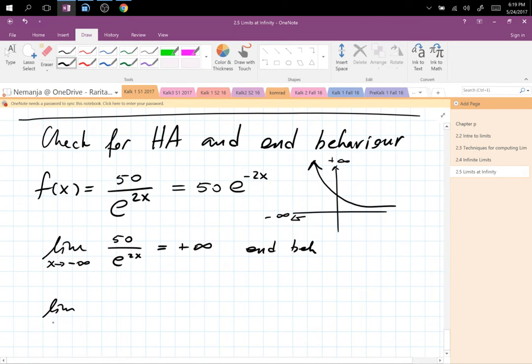And as the limit as x goes to infinity of 50 over e to the 2x, you get 0, because as you go to positive infinity on x, the y values are constantly approaching the x-axis, going towards 0 without actually being 0.